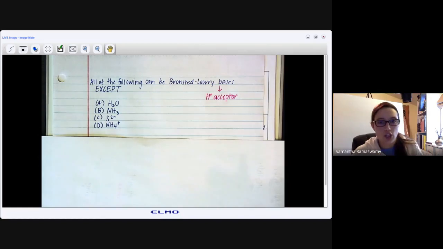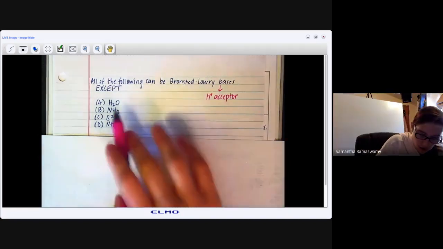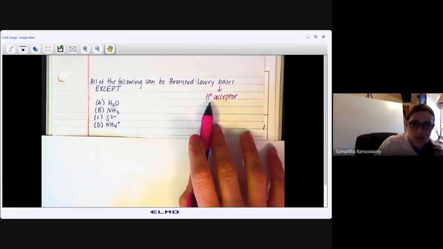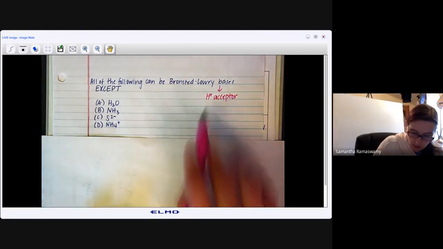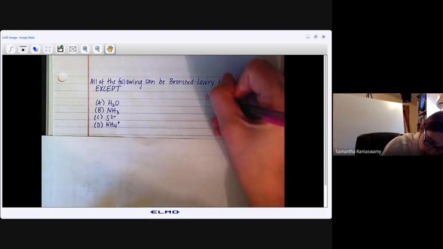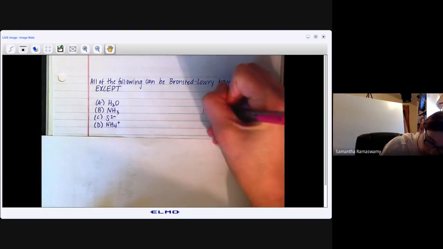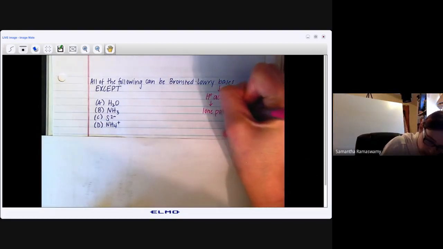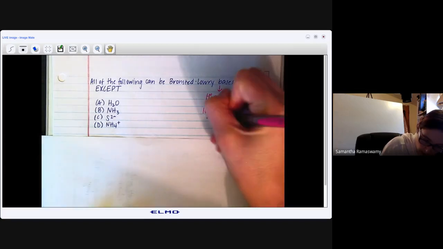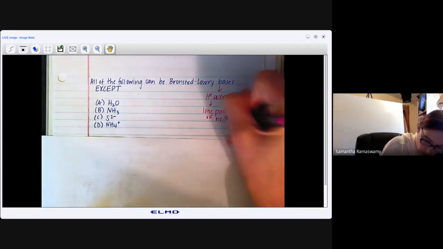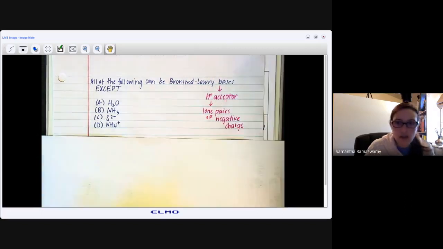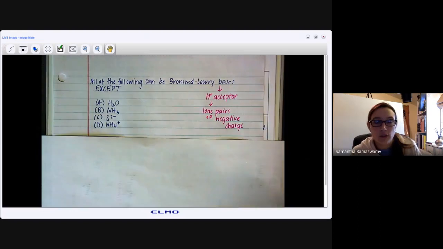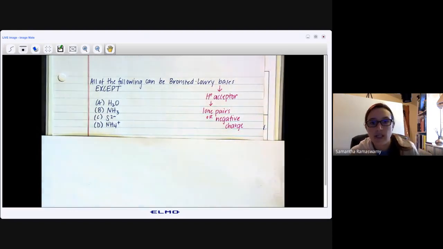So this is asking, all of the following can accept a proton except which one? So remember, to accept a proton, the molecule needs lone pairs or a negative charge. The Lewis structure needs lone pairs, or we see it as a negative charge.